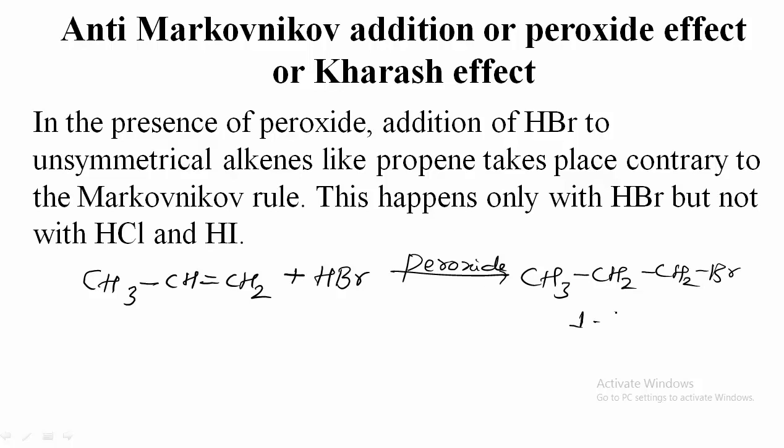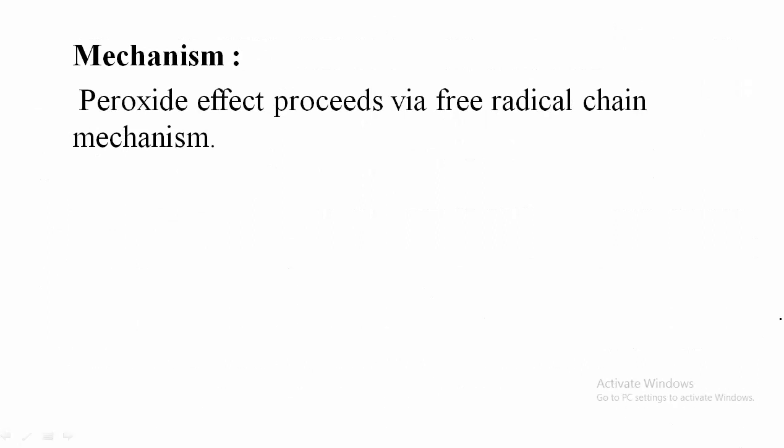That is the major product. But in the case of the Markovnikov rule, the major product obtained will be 2-bromopropane. But here we obtain 1-bromopropane. Why is it so? Let us understand that by mechanism.